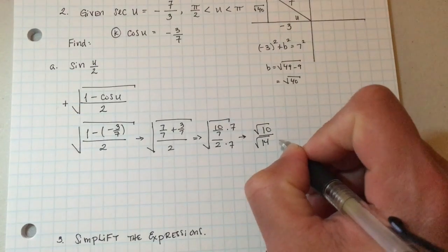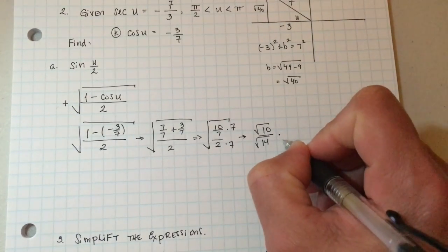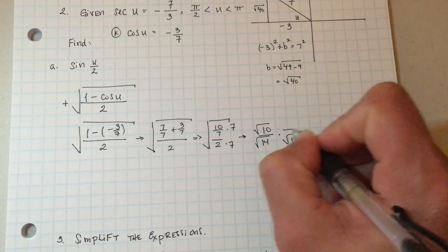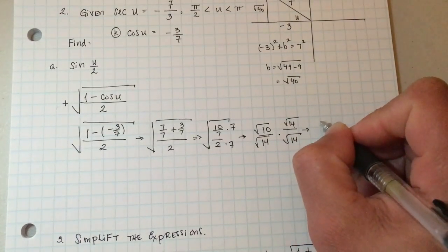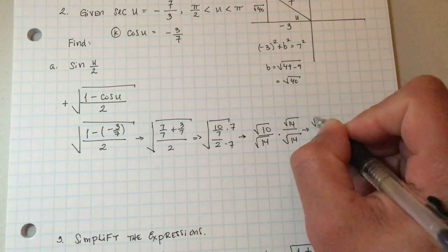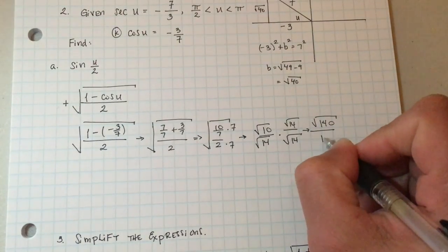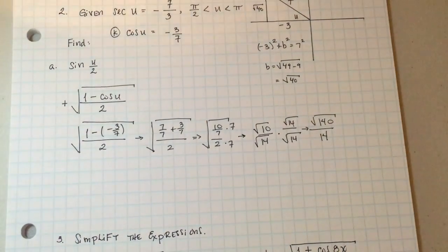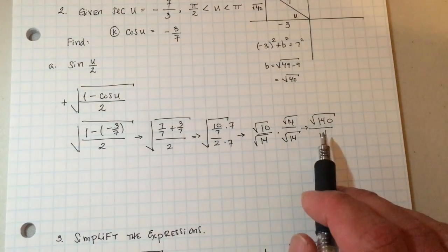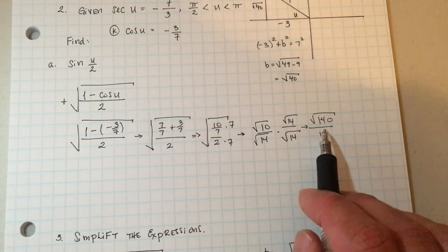I think the only thing we can do is just go ahead and rationalize the bottom. Square root of 14, square root of 14. That's going to give me square root of 140 all over 14. And then I'm pretty sure we can simplify it further, but nothing comes to mind.